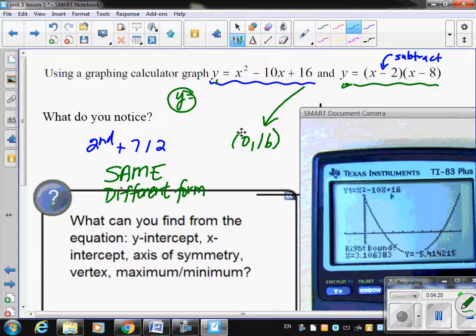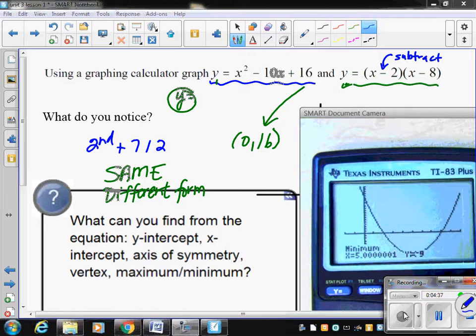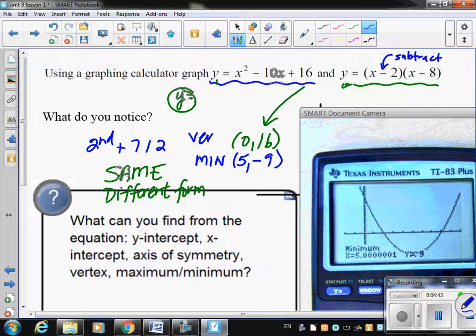Hit enter, put a marker up above, scroll around till I'm definitely to the right of it. Put a marker. There we go. Find the minimum between there and there. 5 and -9. So minimum 5 and -9, and this is the vertex.